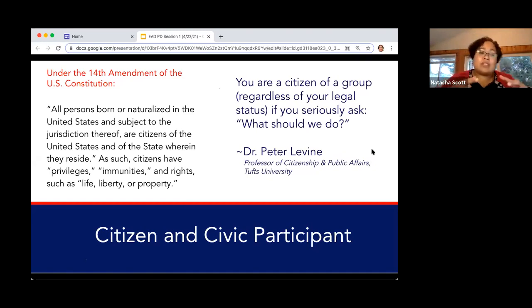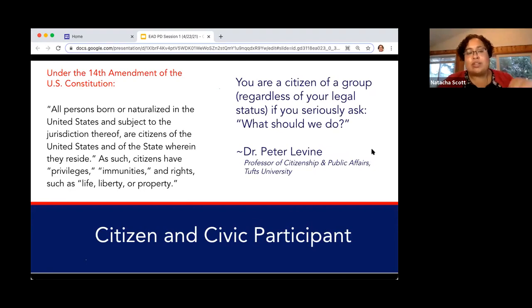That's part of the reason why within the roadmap we have this broader understanding of citizen and of the concept of a civic participant, not in the legal sense, but as Dr. Peter Levine, professor of citizenship and public affairs at Tufts University, states, you are a citizen of a group regardless of your legal status. If you seriously ask, what should we do?